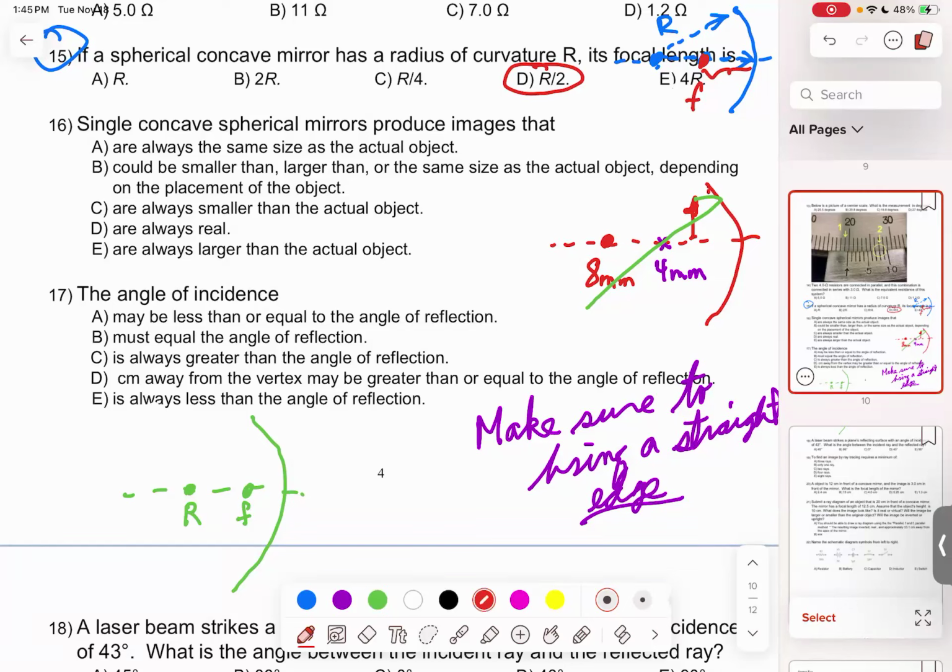So let's just say I put the image right here. So here's the image, and then I draw my rays. So I go parallel, F, and my next line should be F, parallel.